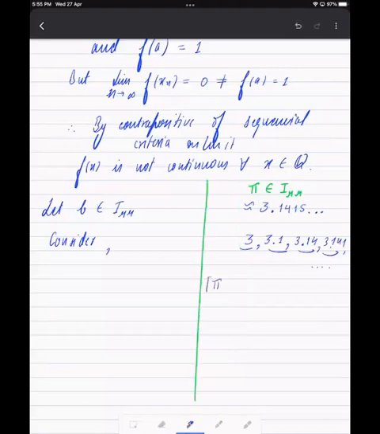Here, what would be the greatest integer of pi? 3. First element is obtained. What would be the greatest integer of 10 pi divided by 10? What is the numerator first of all?